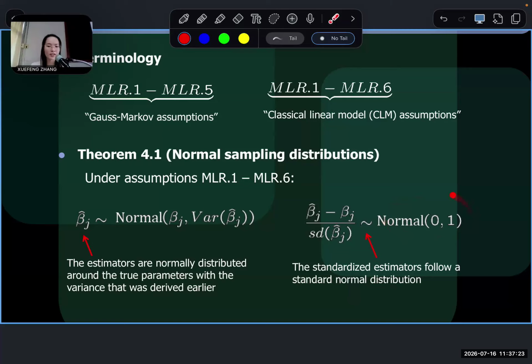So this is the standardized normal distribution. Why do we care about this? Because this is exactly what lets us build t-tests and confidence intervals, the tools we'll use for the rest of this chapter. Without normality, we don't get this clean result in small samples, okay? So I emphasized a lot, normality is very crucial for small samples, all right?